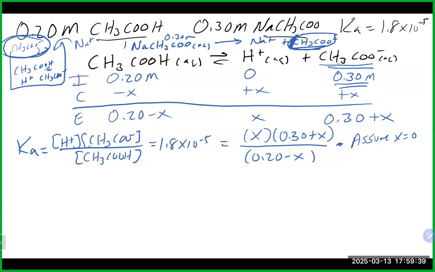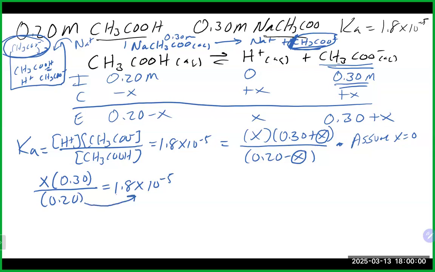In this case, we're going to take out any X we're adding to a number and any X we are subtracting from a number. And that's going to leave us X times 0.3 divided by 0.2 equals 1.8 times 10 to the minus 5. We are going to multiply the 0.2 to the other side, and then you're going to come back and divide what's on top there to the other side.